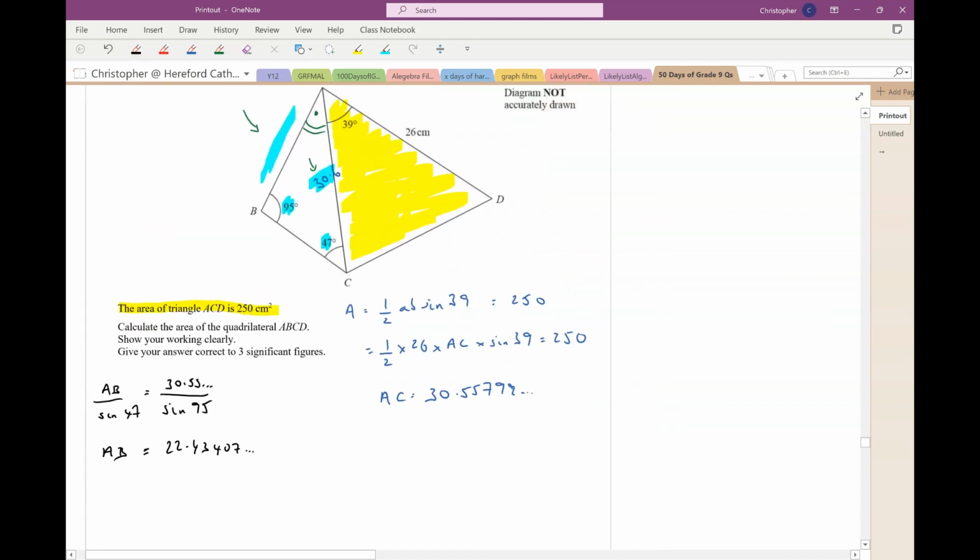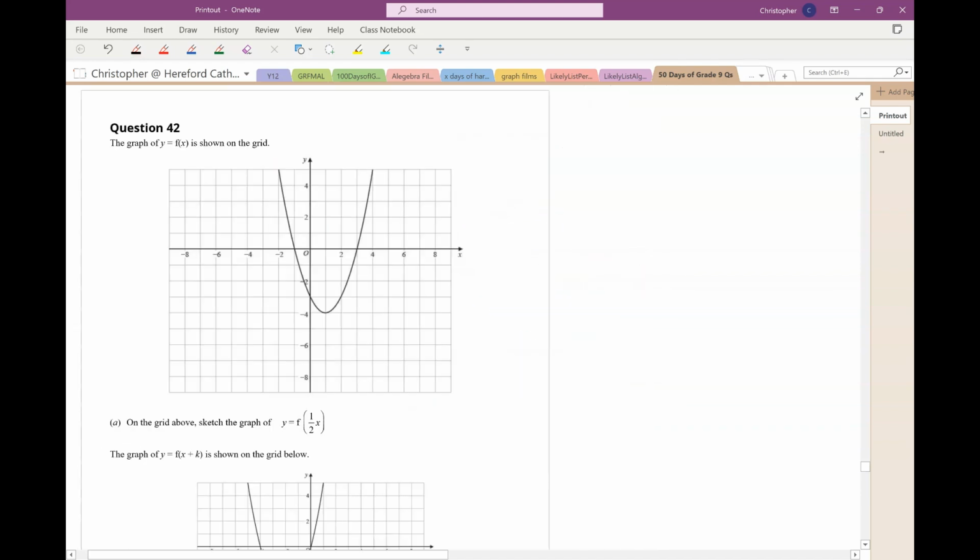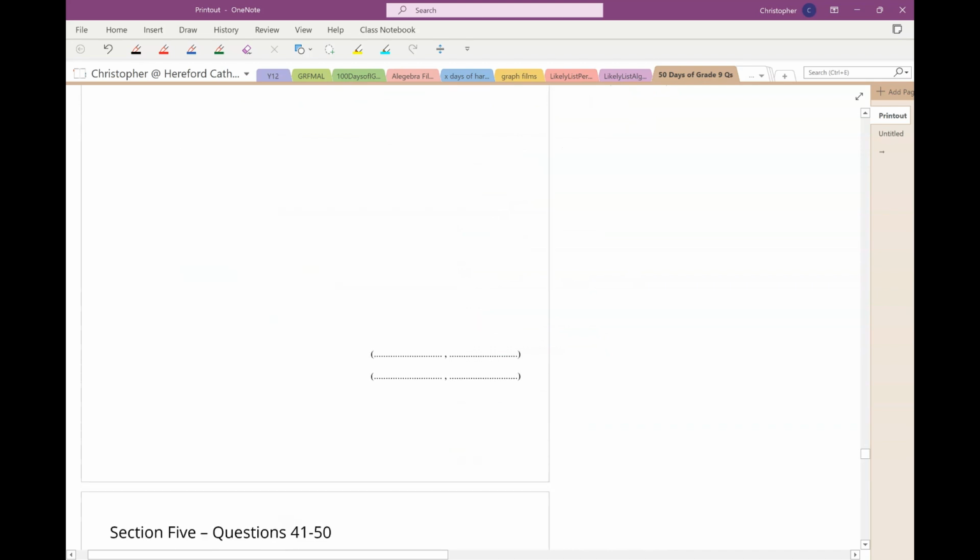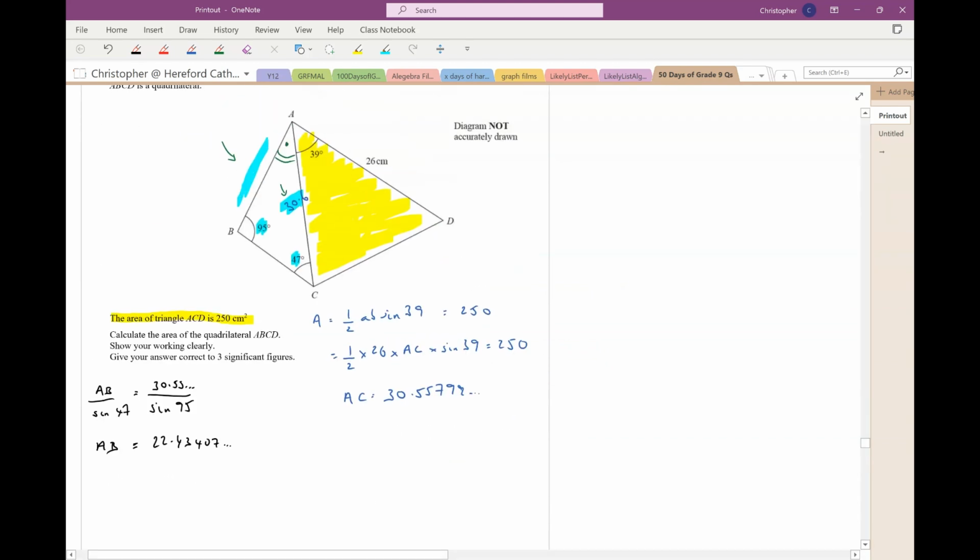So now I can find the area of this triangle here. Now, before I do that, I'm going to find angle A. Angle A is going to be 180 minus 95 minus 47, which is 38.